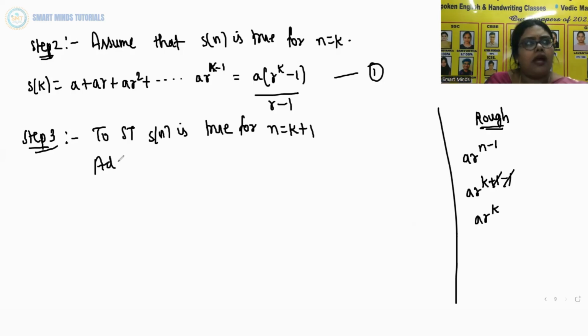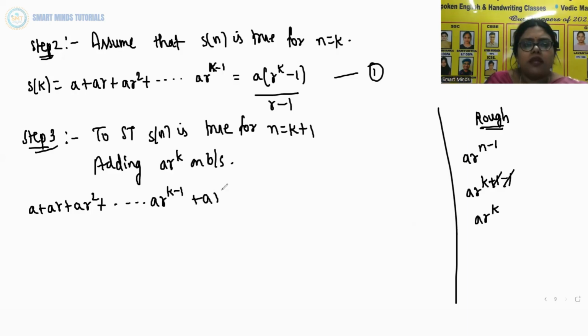Now we need to add ar power k on both sides. So that is a plus ar square plus so on up to ar power k minus 1 plus ar power k is equal to a into r power k minus 1 by r minus 1 plus ar power k.